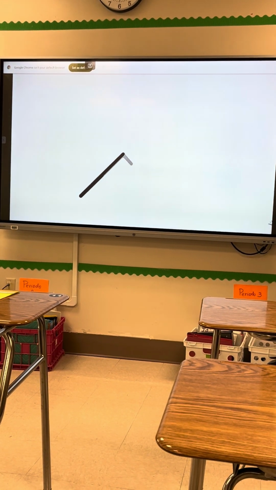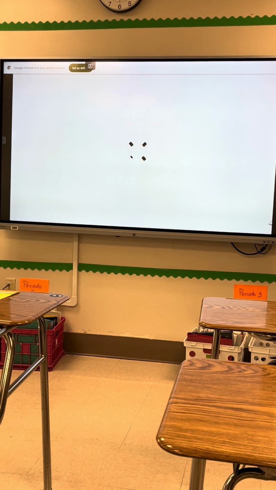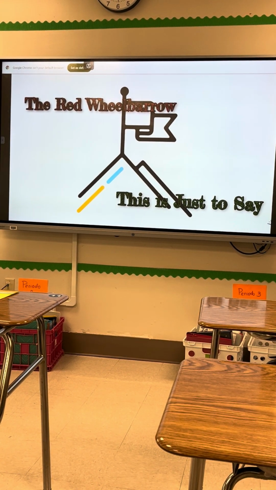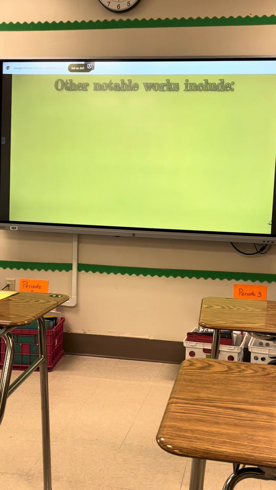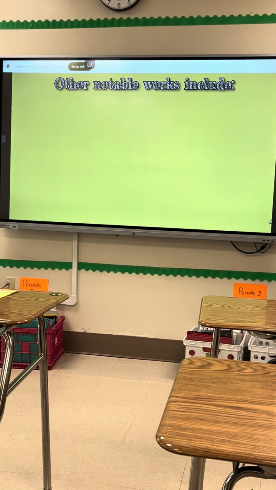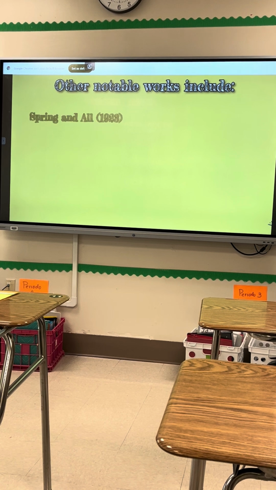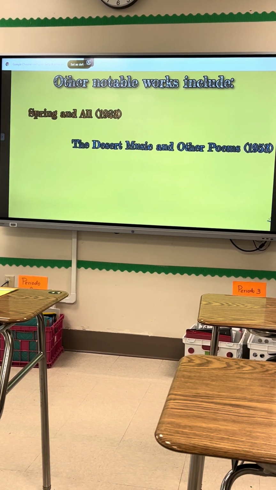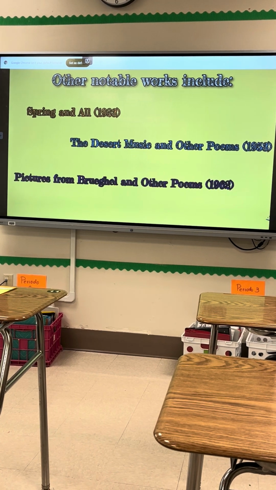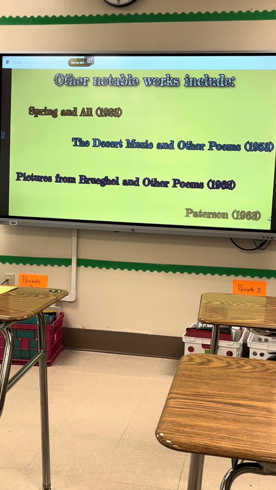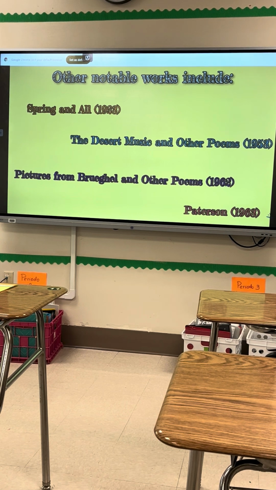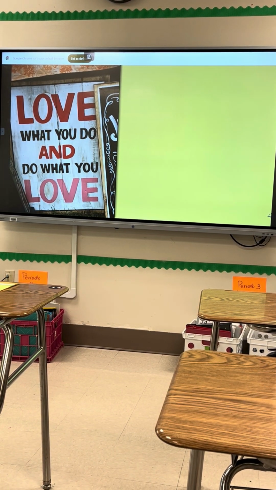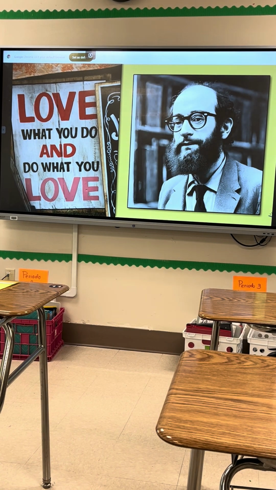This is evident in two of his most popular poems, The Red Wheelbarrow and This Is Just to Say. Additionally, there are several highly acclaimed poetry collections of Williams's, such as Spring and All, The Desert Music and Other Poems, Pictures from Brueghel and Other Poems, and Paterson. In his later years, Williams mentored and influenced many aspiring poets, one being poet Allen Ginsberg.